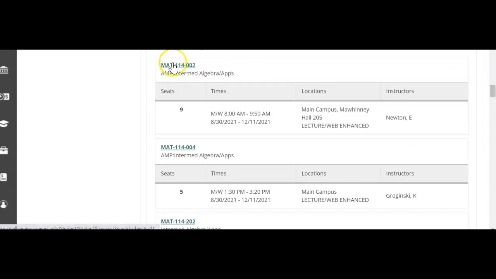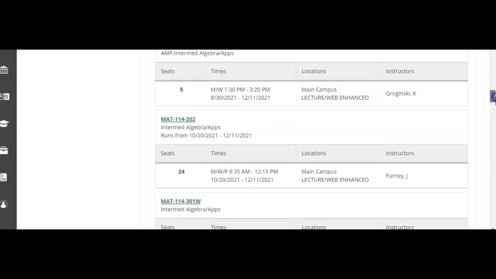We've got this Math 114. This is the course, and the 002 is the section number, but it says AMP. Notice that these are lecture web enhanced sections. Let me come back to that, because I want to start out by just looking at the regular course that you're all familiar with.